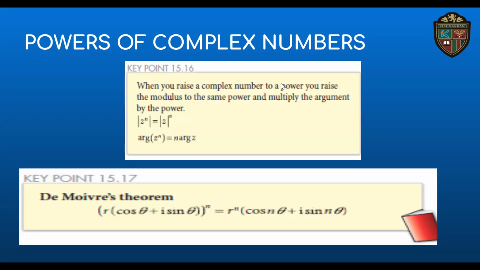Okay. So from our last meeting, I showed the derivation for De Moivre's theorem.